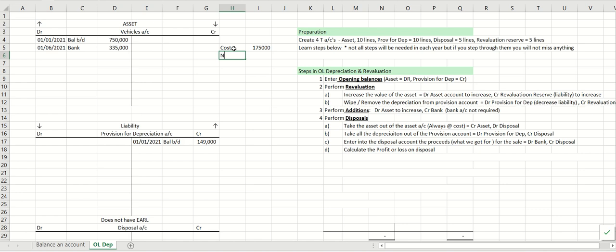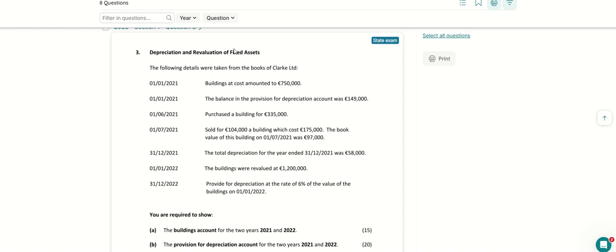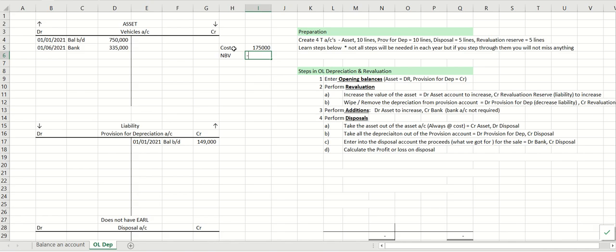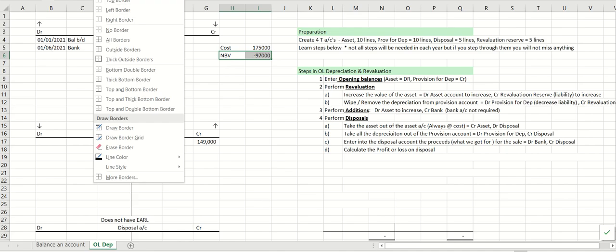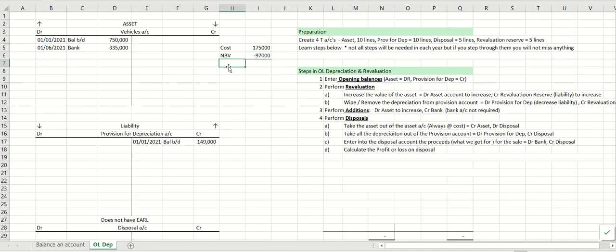The net book value, so that's what it was worth when all of the depreciation was taken off of it, is 97,000. So that allows us to calculate what was the depreciation on that asset. So we're just going to be able to figure out from that what was all the provision for depreciation for that asset. How much had it reduced in value? So we can see that that is 78,000.